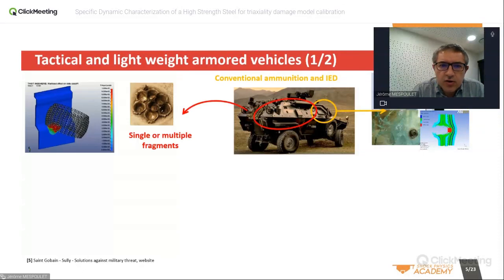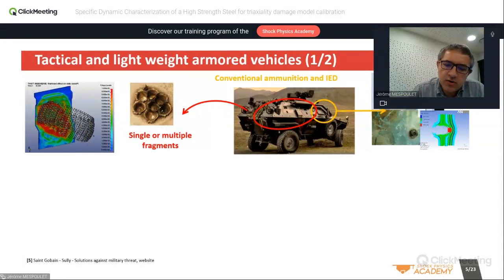On the side of the vehicles, you can have warheads with multi-fragments that can hit the side of the vehicles. Here is an example of some simulation we have done, and multiple fragments we have done in our laboratory to represent, in laboratory conditions with good diagnostics, the impact of single or multiple fragments.